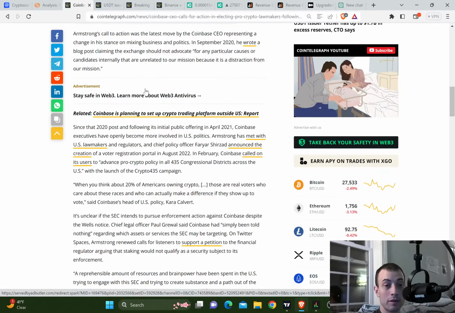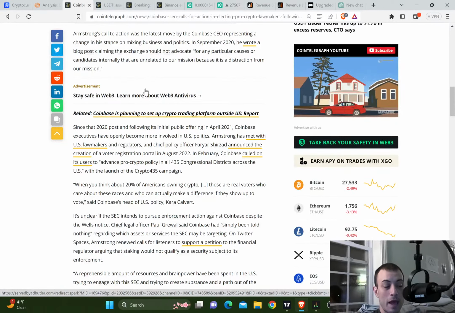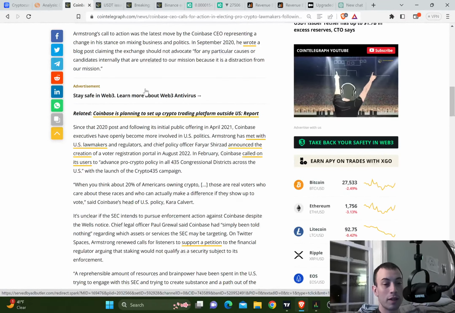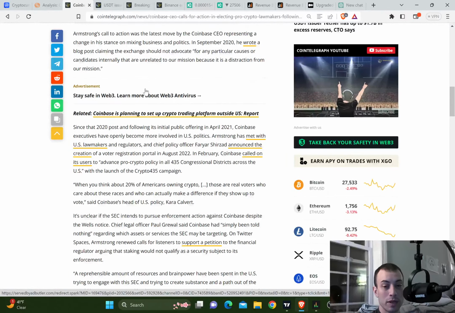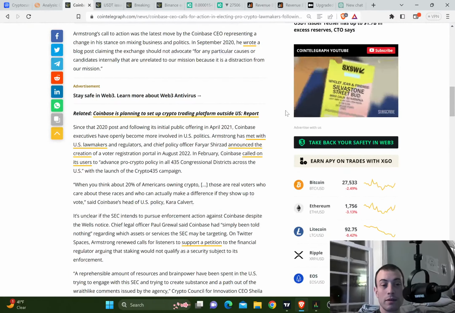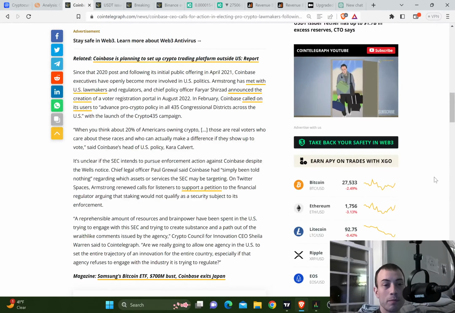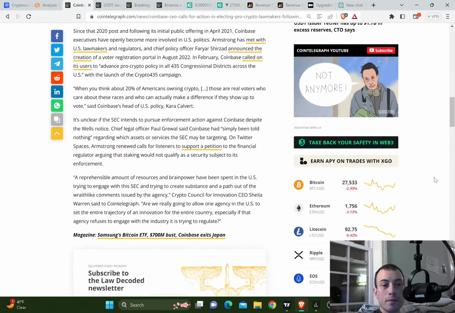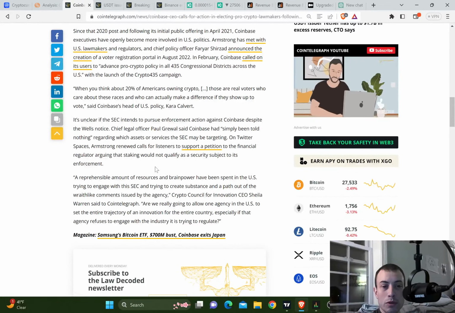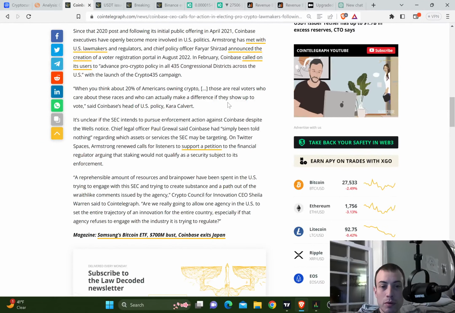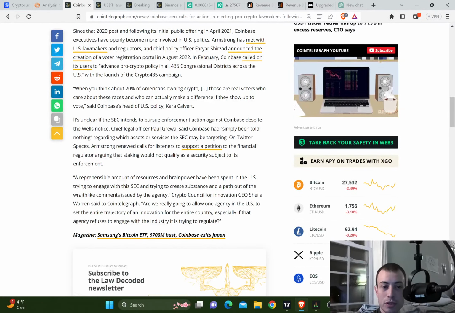They bring plenty of economic activity, if that's what you want to call it, into the country. They provide plenty of jobs. Like, they're not trying to be shady, Coinbase especially, and Kraken. But the SEC's coming down hard on them. When you think about 20% of Americans owning crypto, those are the real voters who care about these races and who can actually make a difference if they show up to a vote.